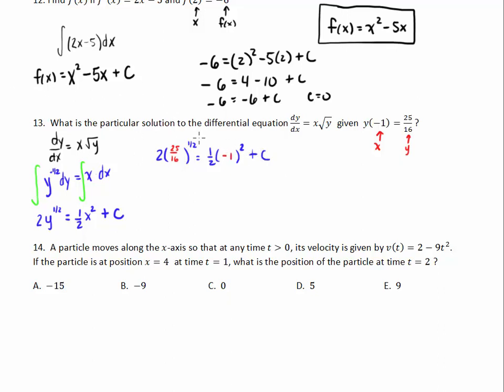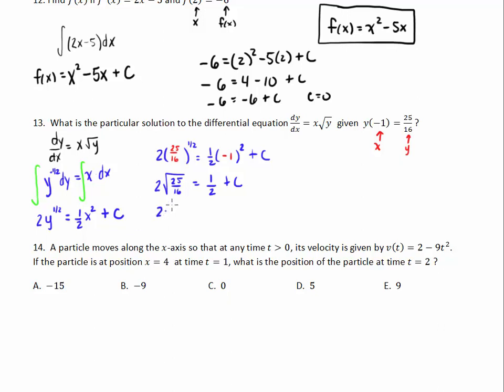At first glance, this might look kind of scary, but it's just the square root. So it's 2 times the square root of 25/16. And -1 squared is +1, so this is going to be 1/2 plus c. For the square root of 25/16, I can take the square root of each separately, since it's division. The square root of 25 is 5, and the square root of 16 is 4.